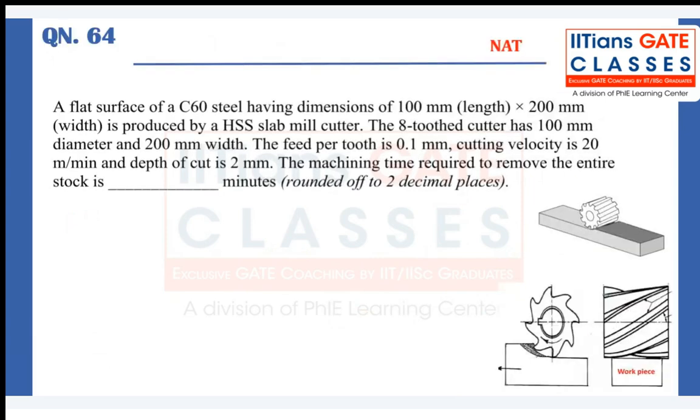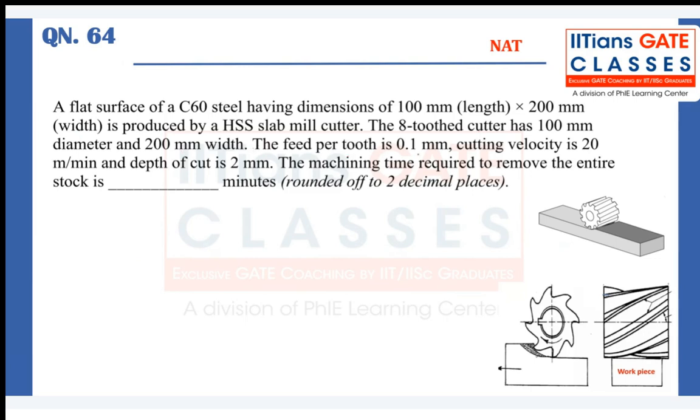Now here, it is going to be another question, a machine tool operation question. A flat surface of a C60 steel having dimensions of 100 mm length and 200 mm width is produced by an HSS slab mill cutter, having 8 teeth, 100 mm diameter and 200 mm width.